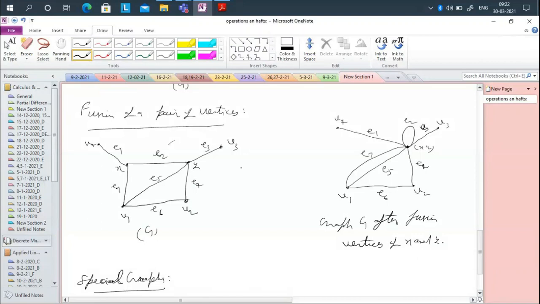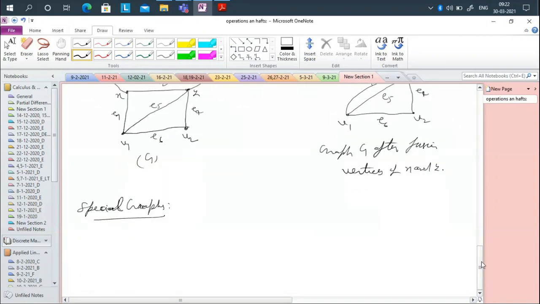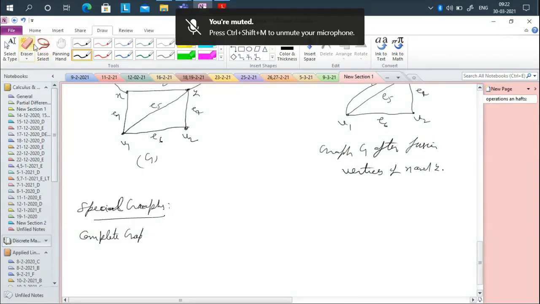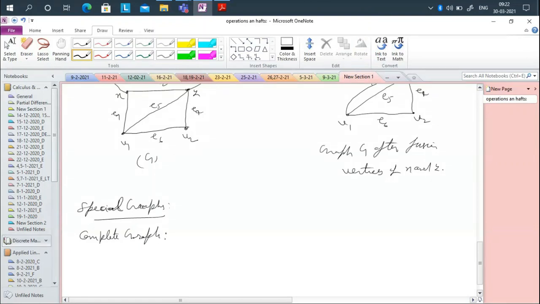Yes, sir. Okay. Now see special graphs. So first is complete graph. Complete graph. What is the complete graph?